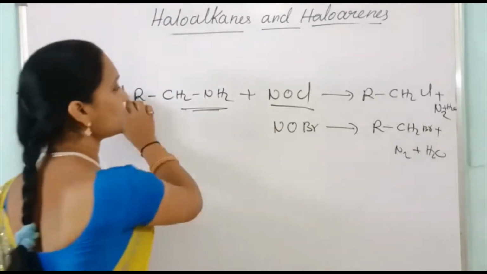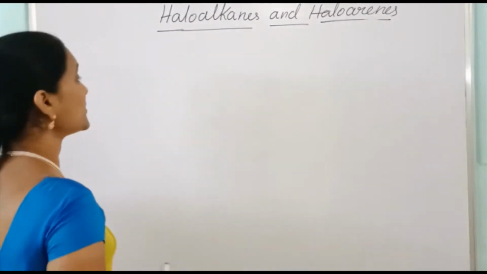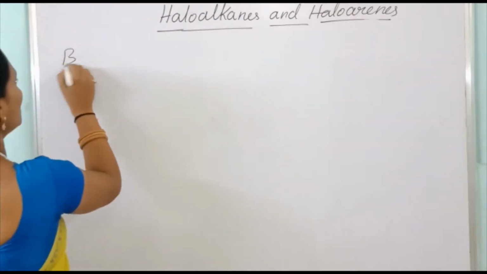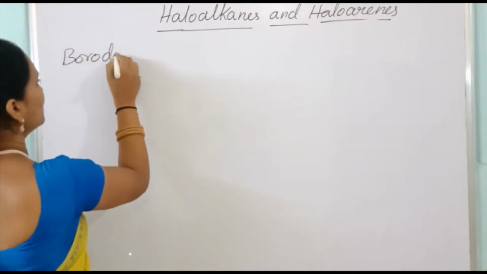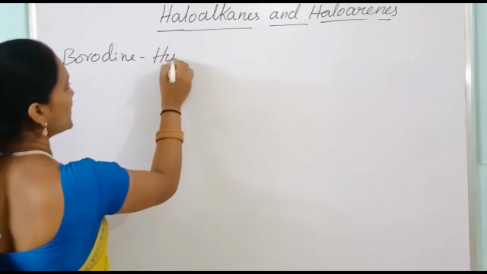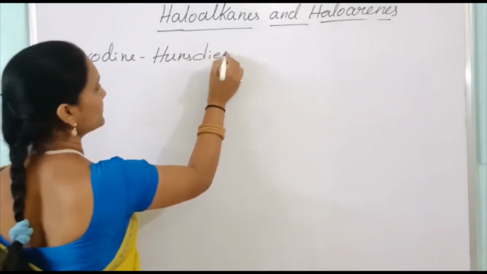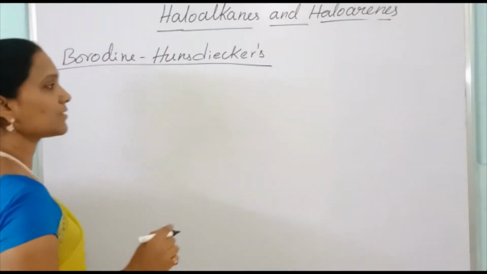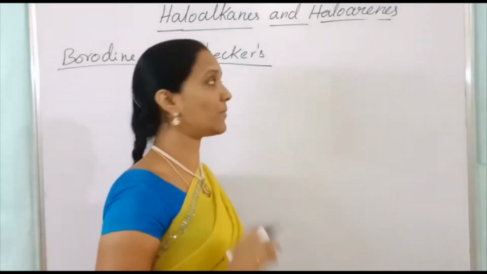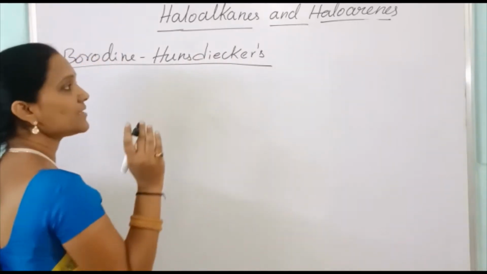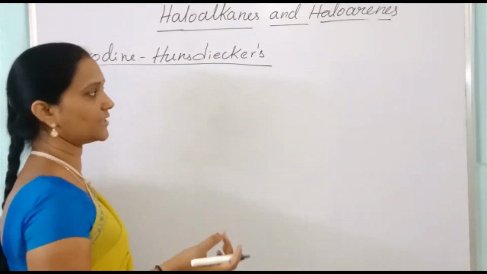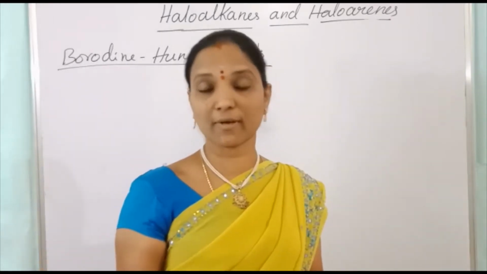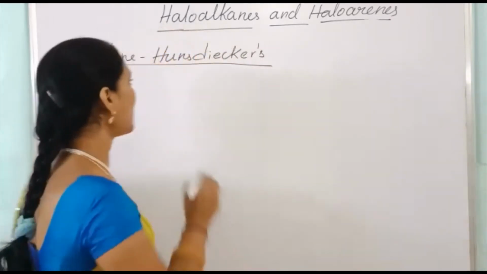The next one is the best method for the preparation of alkyl bromide. The method name is Borodin-Hunsdiecker's process. So how to prepare alkyl bromide? Here we use the silver salt of a fatty acid, or we can use the lead salt of a fatty acid.